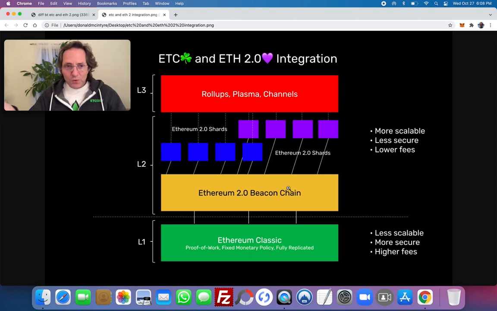They're going to be known entities, and given any kind of political or economic situation or crisis or emergency, there can be pressure to change the monetary policy again. That is not possible in Ethereum Classic. Ethereum Classic is a truly distributed, fully replicated network around the world, and the miners can enter and leave, and the nodes can enter and leave, and nobody's going to punish them for entering and leaving.